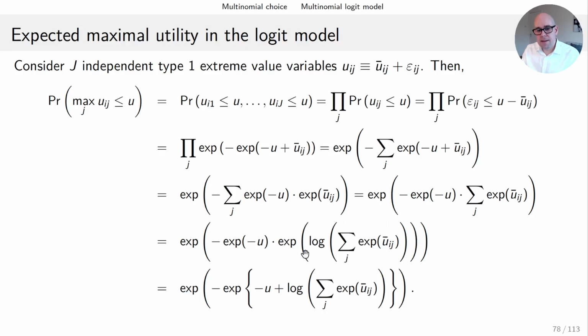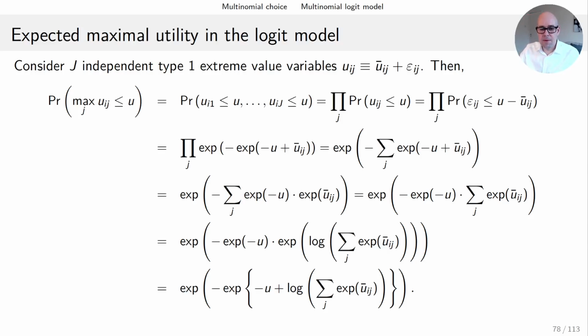And the last thing I can then do is I can take this one here, going from here to here back, to write this again as the exponential function evaluated at minus the exponential function. And then here is the product of two exponential functions. So it's going to end up being again the sum of the two arguments as the argument of this exponential function. So that's the expression we're going to end up with.